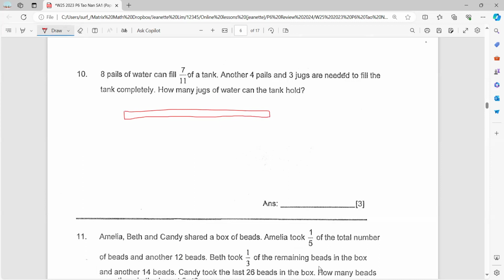Eleven units. Seven units for 8 pails. And the rest will be 4 pails and 3 jugs.